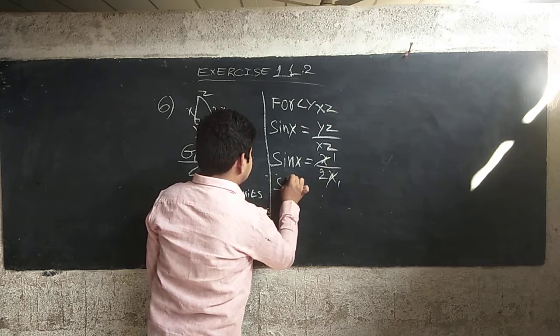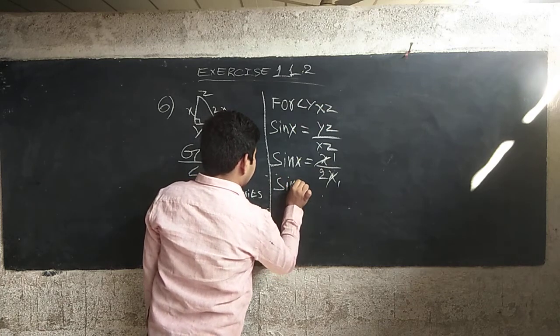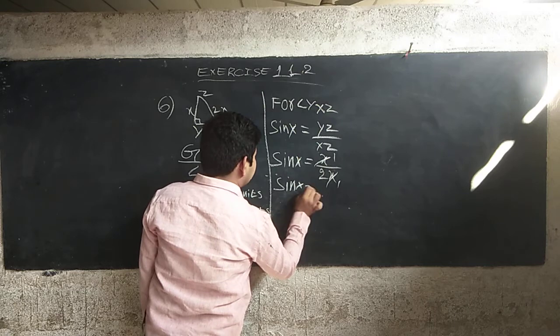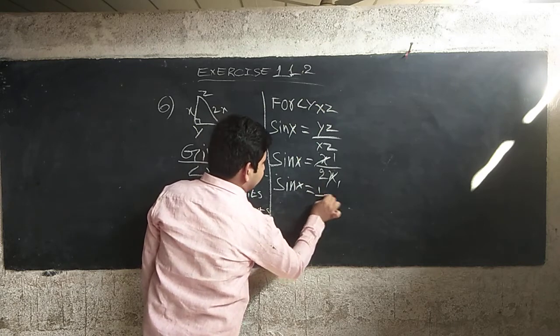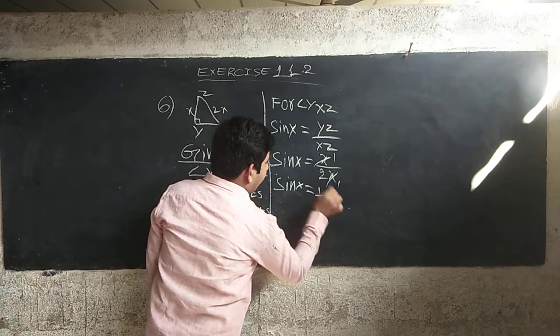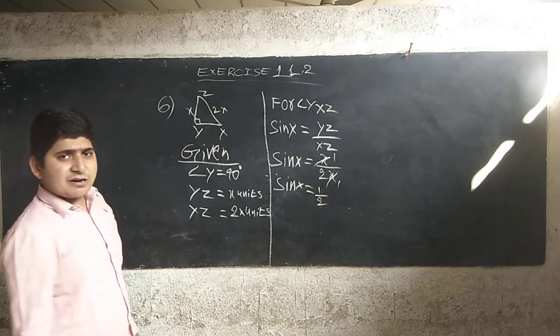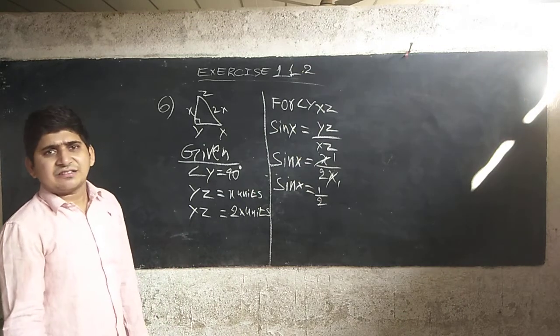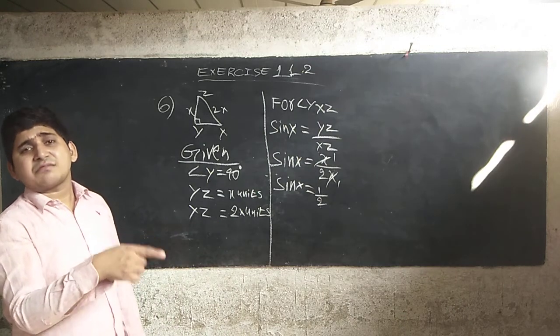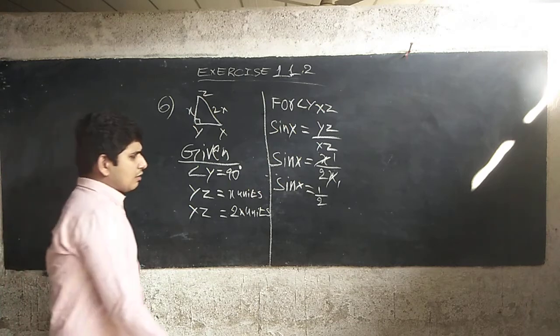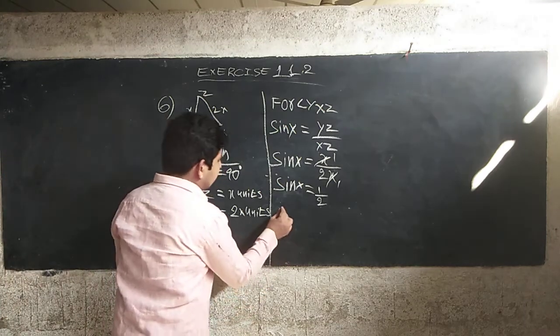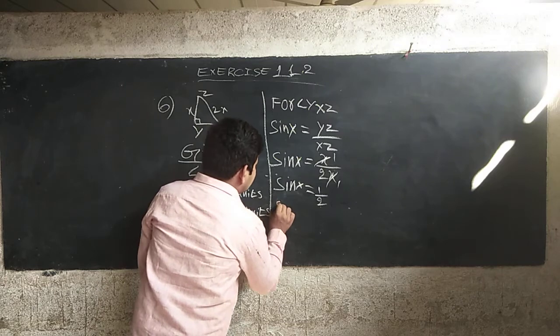Sin x equals 1 by 2. Now 1 by 2 means what? Sin 30, going to the trigonometric table values. So sin x equals sin 30.